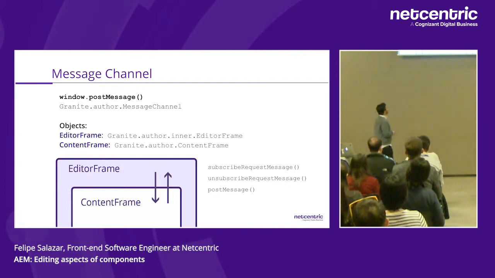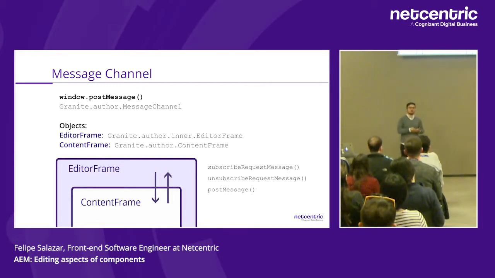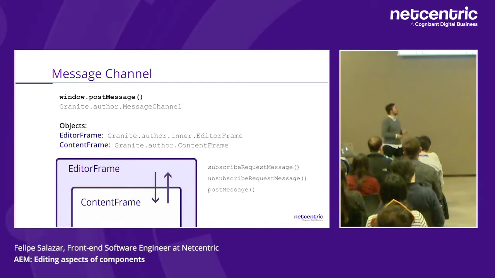Okay, so there is an object for the message channel in both frames, so you can either send messages or subscribe to messages, either from the editor frame or the content frame. Okay, so these are the objects that you can use to create this communication.